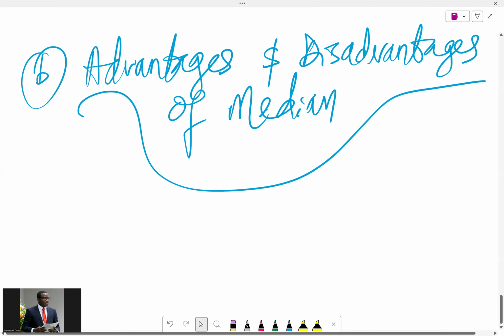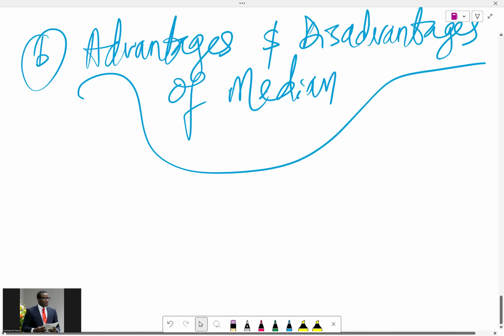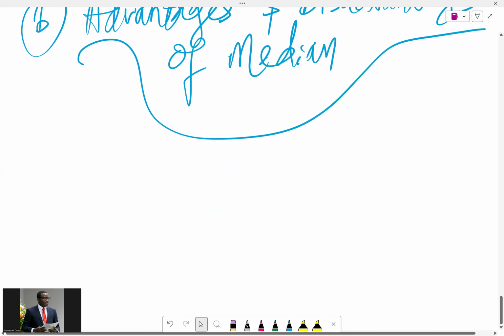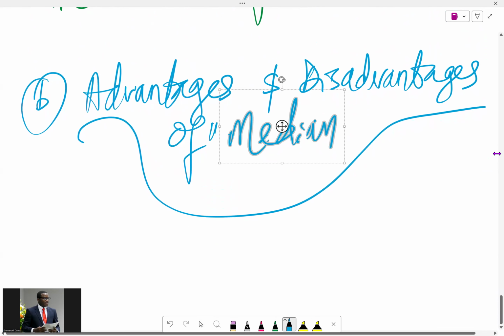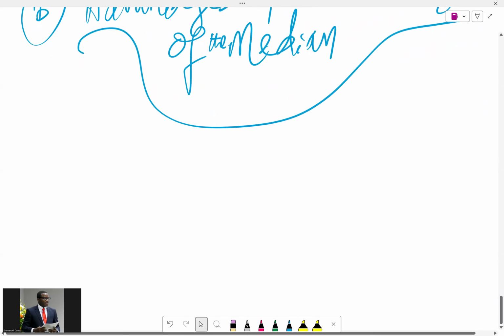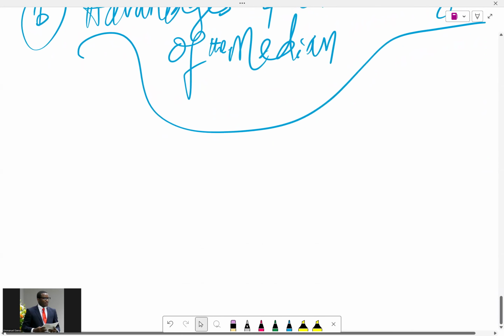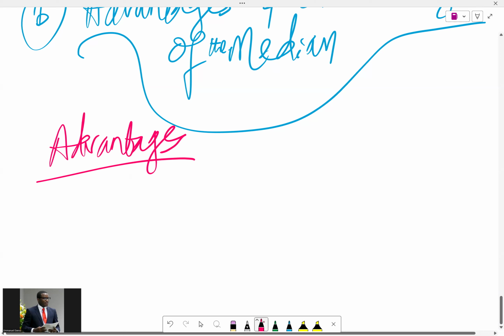Perfectionism is a problem sometimes. So let's start with the advantages, the bright spots. The advantages of the median.